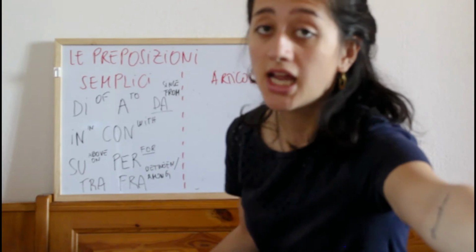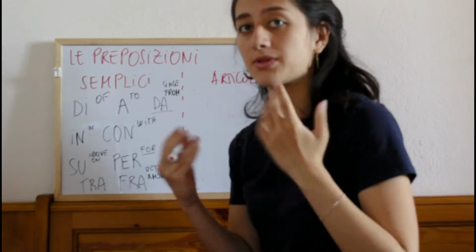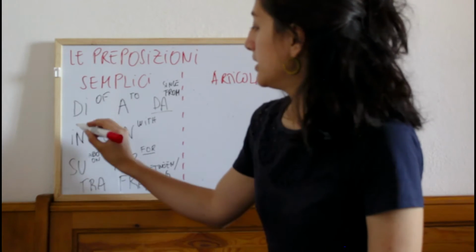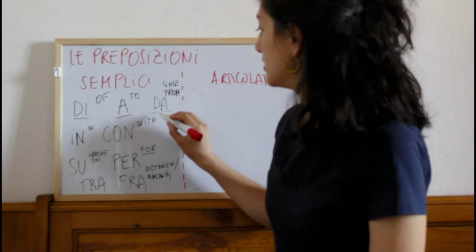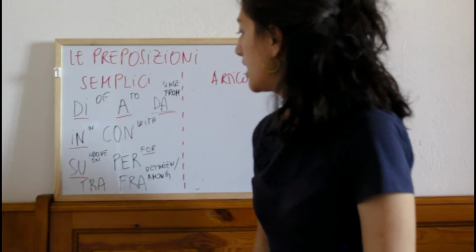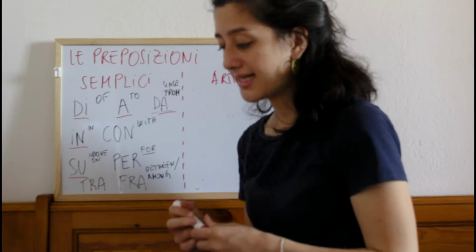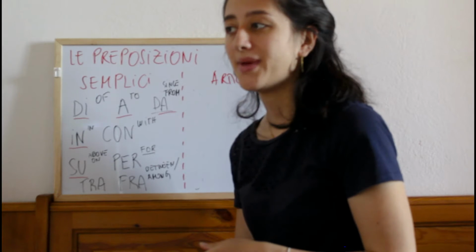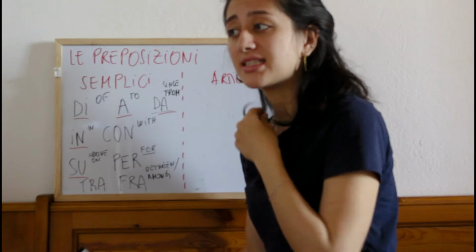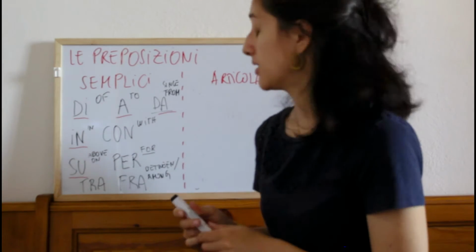So we have seen how to create the complex prepositions, le preposizioni articolate of di, a, da, in and su. And we have made also many examples so that you may understand in which kind of contexts you use these preposizioni articolate in Italian.